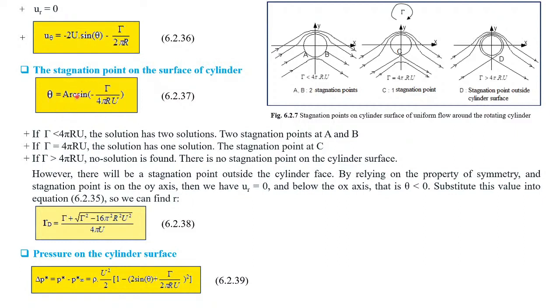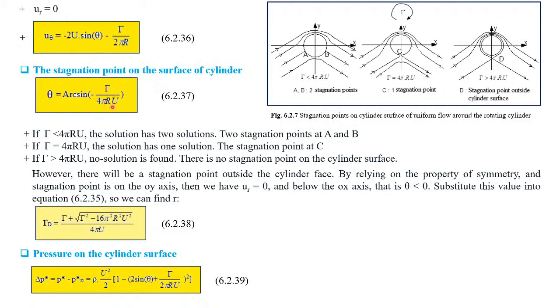This is the equation you have to solve analytically. We get a solution if this value is inside the range minus 1 to plus 1, because sine of any angle has a value between minus 1 and 1.